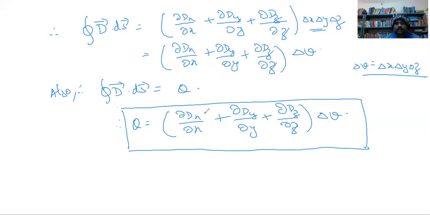Correct? Here what we did was take the flux density with the surface and integrate. Alternatively, to find the total charge enclosed by a Gaussian surface, you take dou dx by dou x plus dou dy by dou y plus dou dz by dou z into the volume enclosed. So this is a very, very important alternate equation for Gauss law.